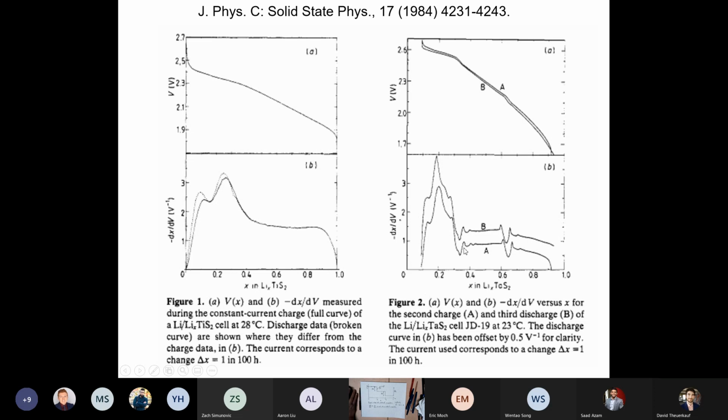But then look, at a third, there's a minimum. And at 2/3, there's a minimum. A and B correspond to a charge and a discharge, and B's been offset from A just for clarity. And you can see in the voltage curve, there's a bit of a step down at a third and a bit of a step down at 2/3.